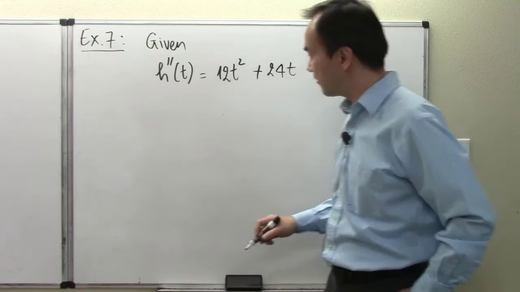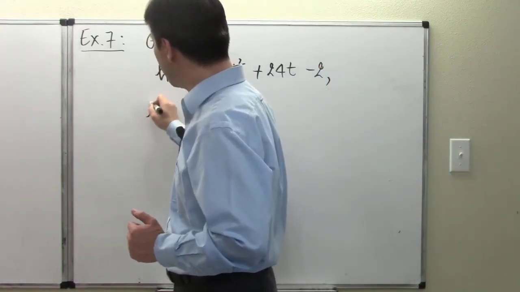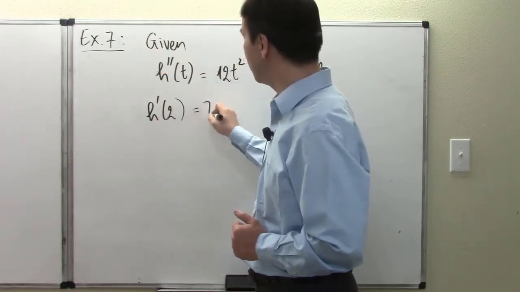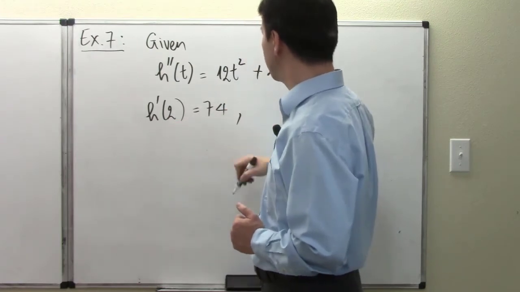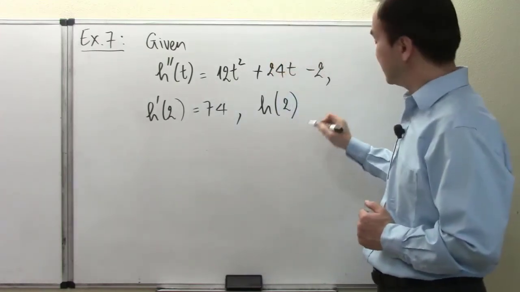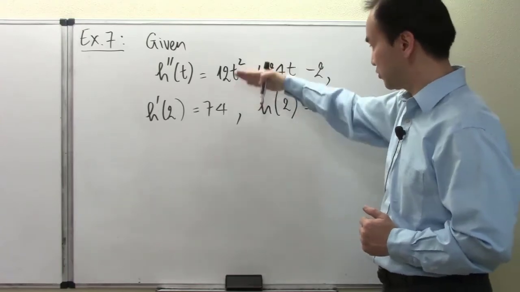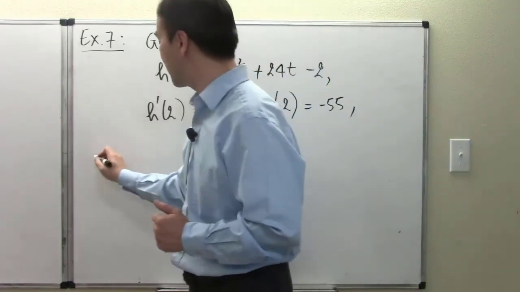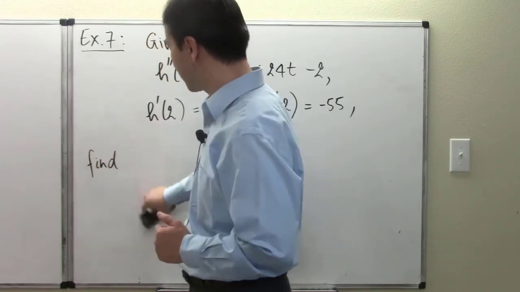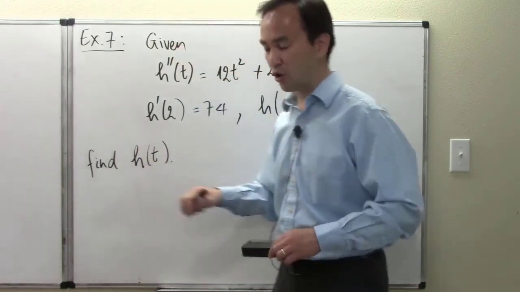And along with this information we are also given that h prime at 2 equals 74, and further we are given h of 2 equals negative 55. So with these three pieces of given information, we want to find our actual function h of t. Find the final function h of t, and that's our goal right there.